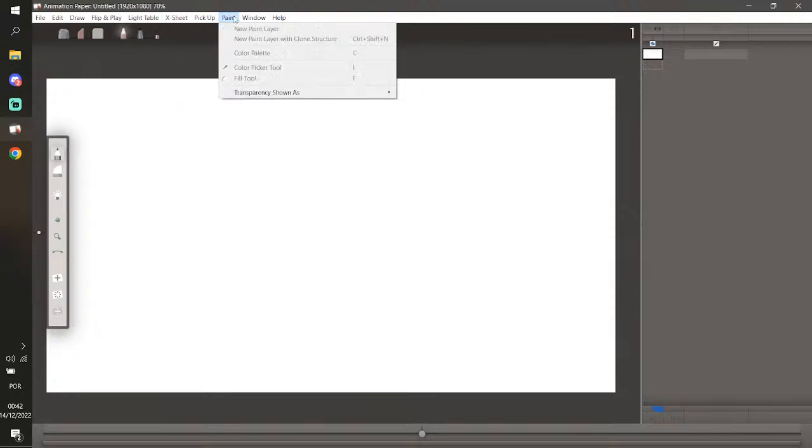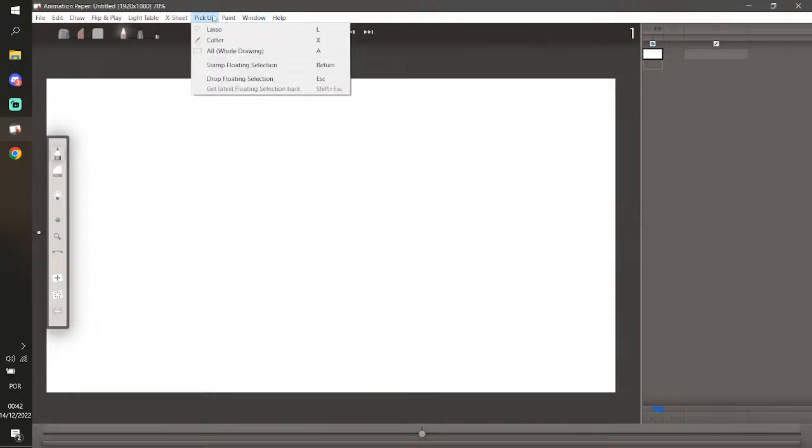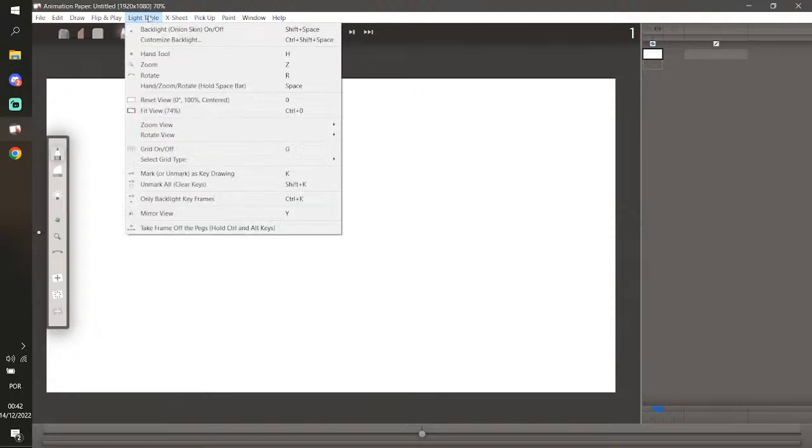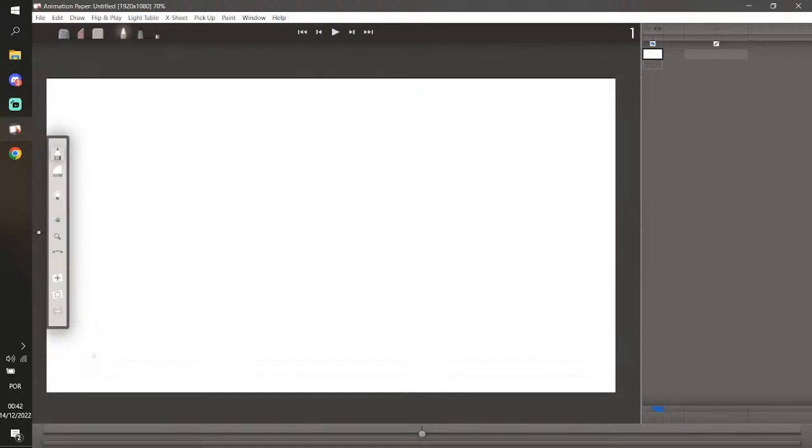Also, for anyone interested, this is important to know. You can have a safety grid that will help you with animation. Usually in professional animation software, you want to work within a frame within the main image.